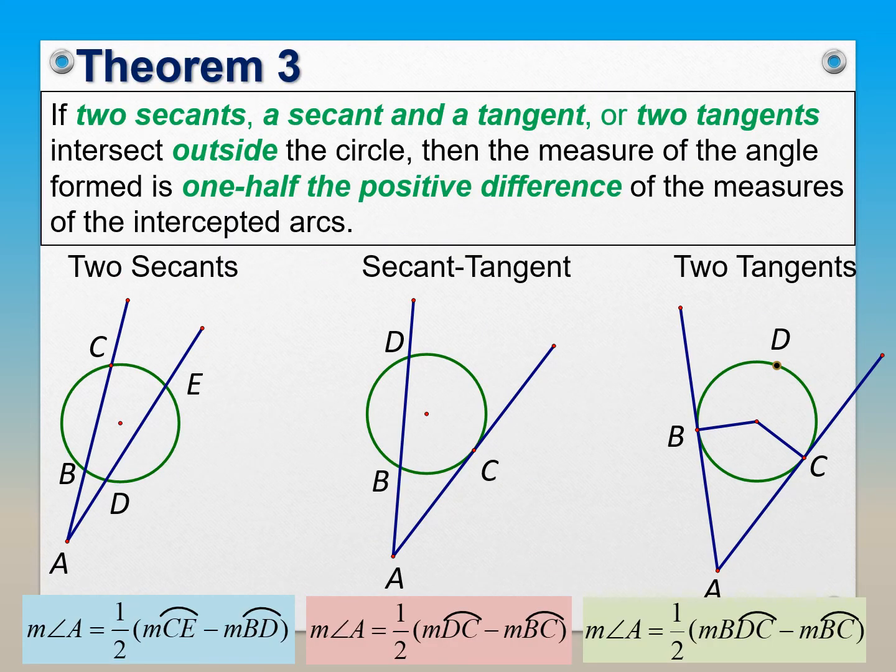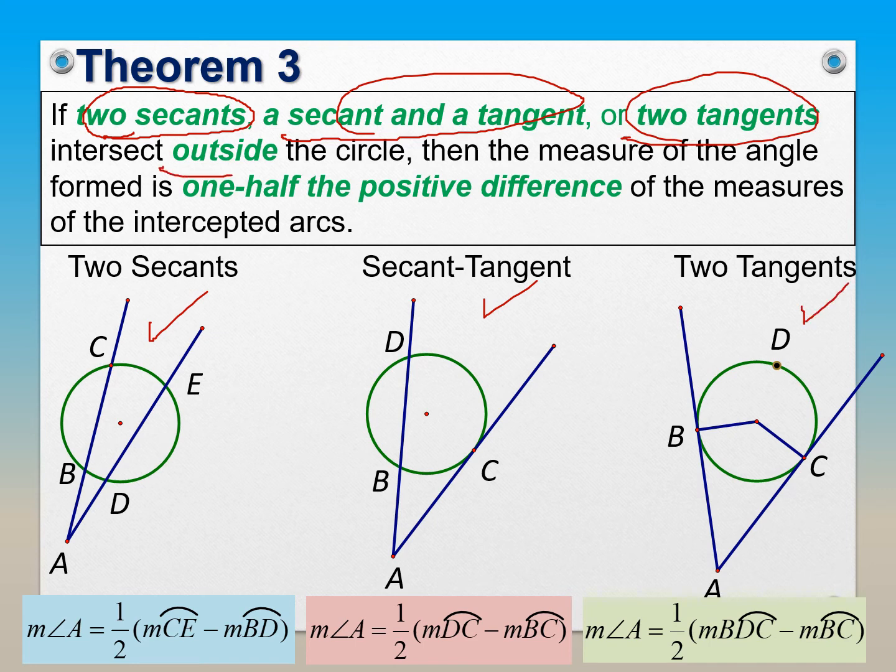Now, the last theorem involving the measure of the angle formed by two secants or tangents is theorem number 3. If two secants, as in the first illustration, a secant and a tangent, as in the second illustration, or two tangents, as in the third illustration, intersect outside, so if you notice, all the combinations intersect outside the circle, then the measure of the angle formed is 1/2 the positive difference of the measures of the intercepted arcs.